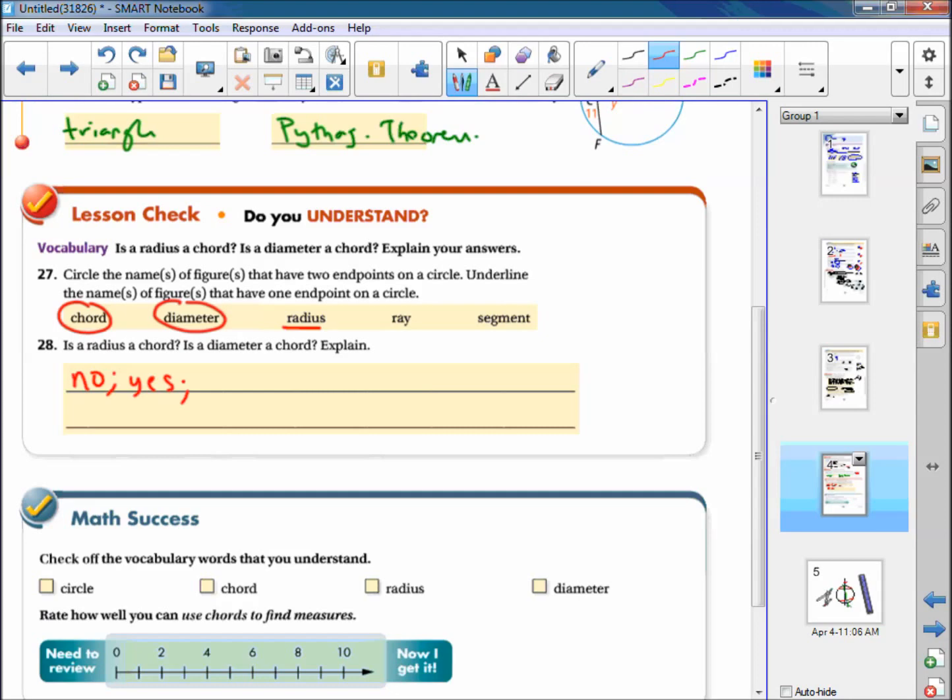And it says explain what's going on. So a radius has only 1 endpoint on the circle, so it's not a chord. But the diameter has 2.